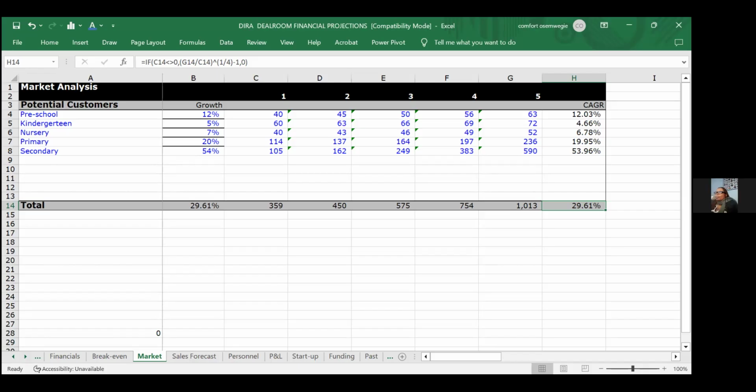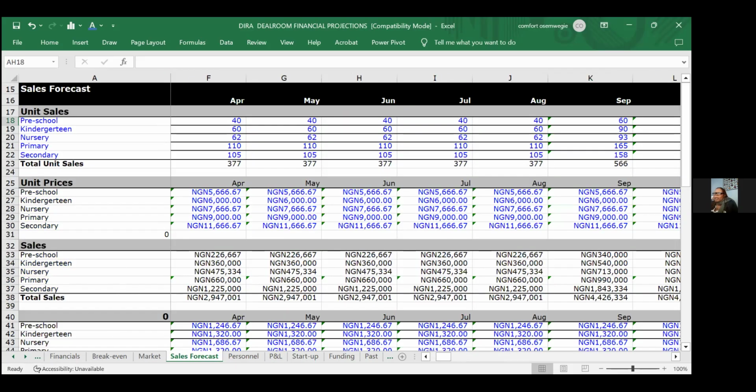Okay. So I'll go to sales forecast and then explain. I'll end it at personnel so that we can fill this market, sales, and personnel before we go to P&L. All right.